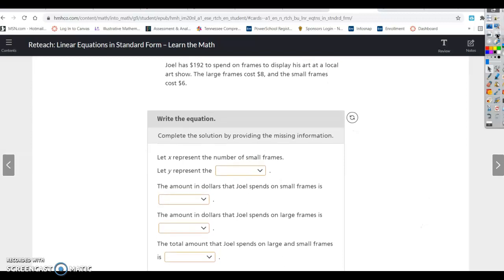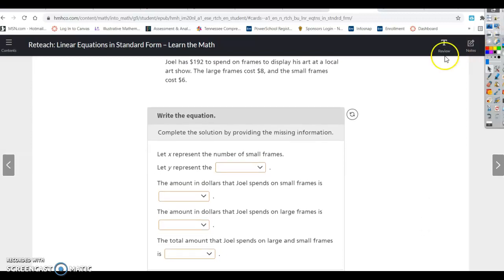It says write the equation. We're going to complete the solution to provide the missing information. We're going to let x represent the number of small frames. Small frames are $6 each. So y will represent the large frames.